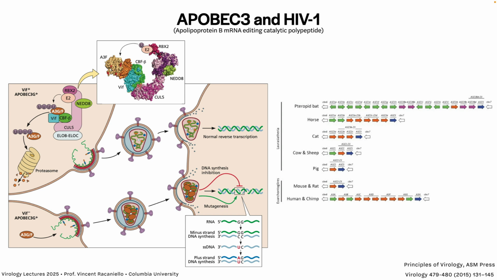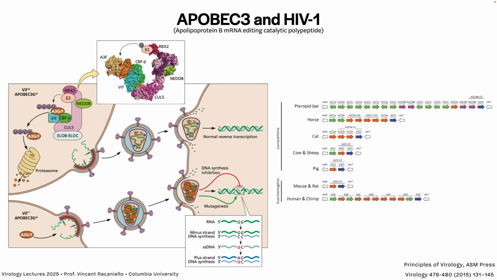So here's an HIV particle being made, and APOBEC3C is packaged into the particle. And then when this infects a new cell, we have RNA, remember, which is reverse transcribed to form a single strand of DNA, and eventually we have double-stranded DNA.